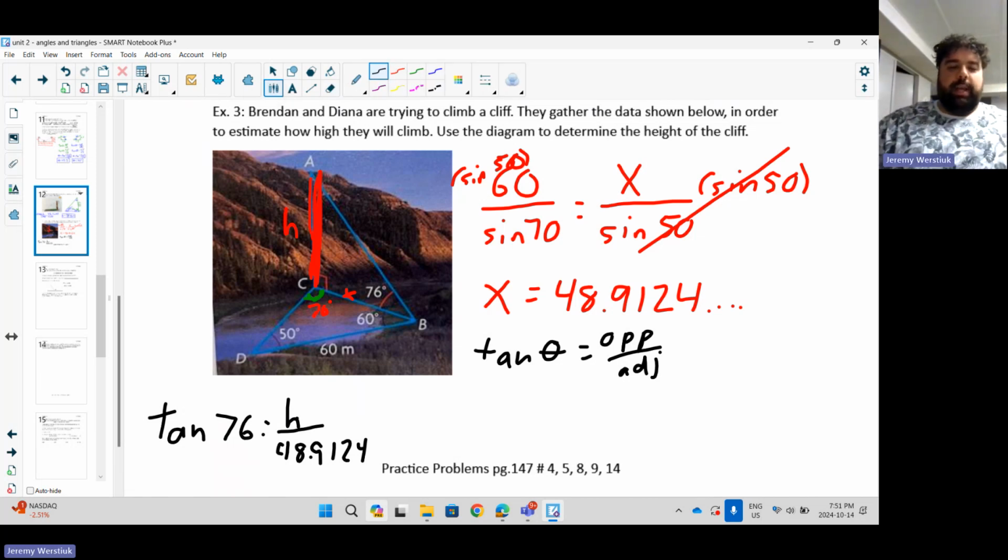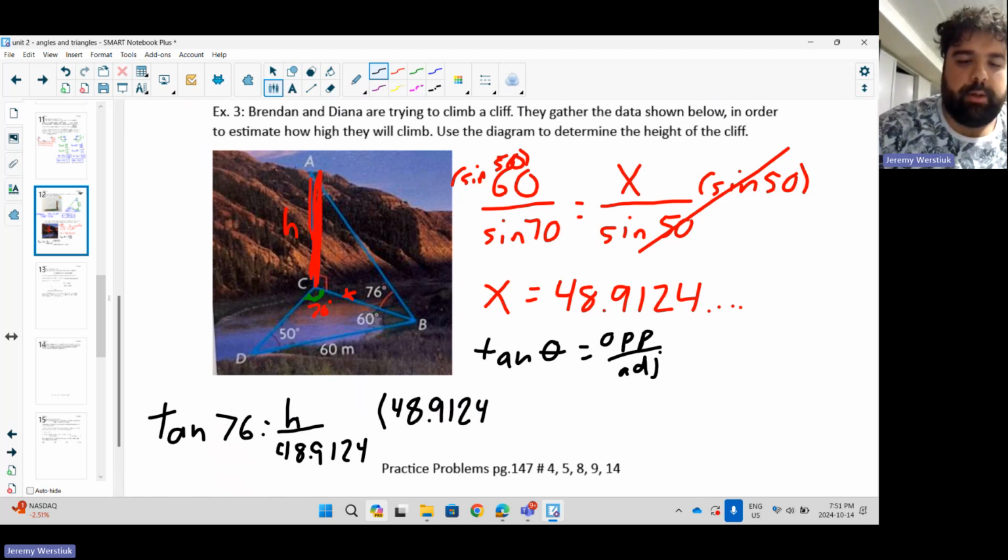And so let's try to get that h value all by itself. Well, let's go ahead and multiply this side by 48.9124 blah, blah, blah. That'll cancel out. And as well, I'll need to do it to this side.